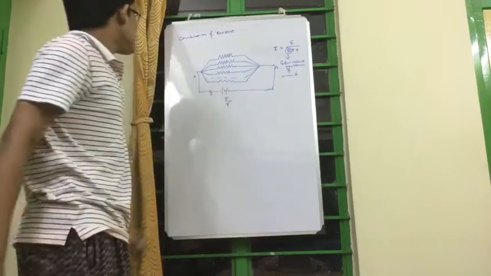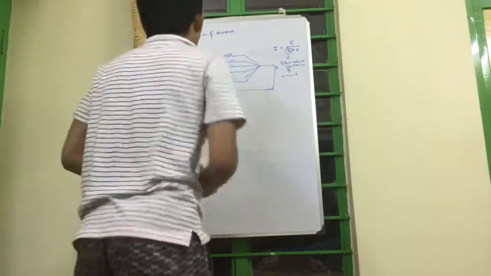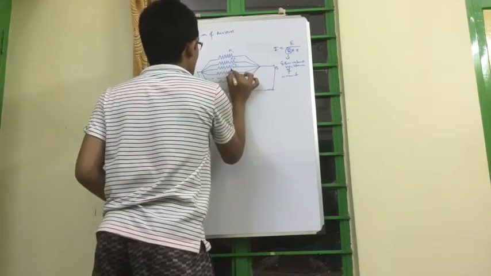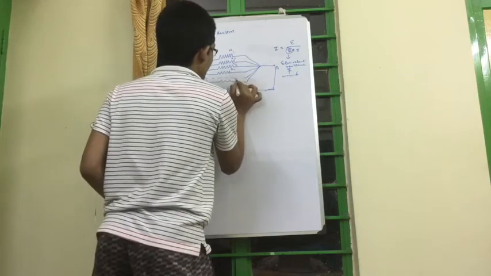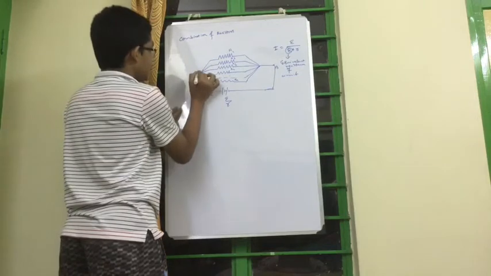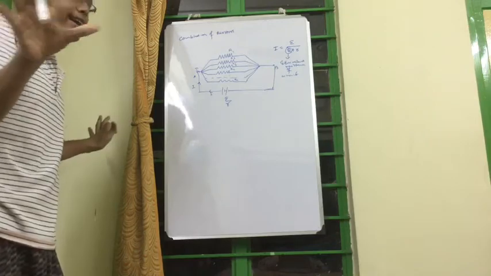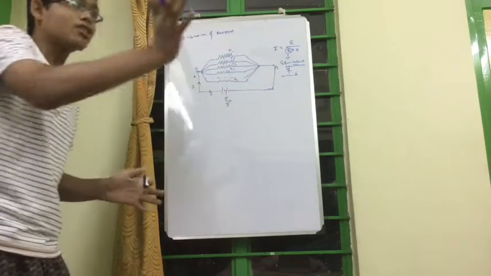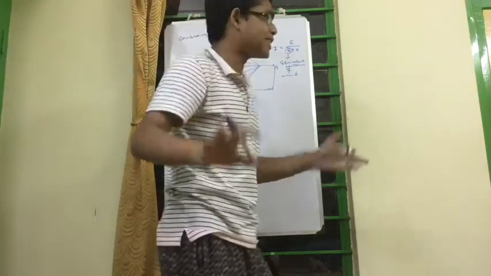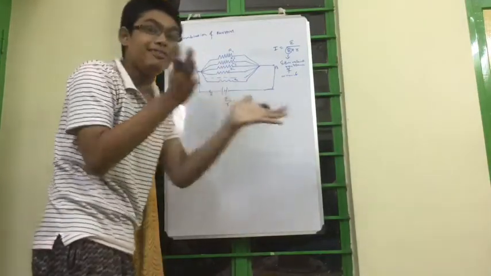Now, this is a purely parallel combination of resistances R1, R2, R3, R4, up to Rn. So the current is coming. Imagine yourself to be a current and you have several forks in the road. You will go through each of those roads, and therefore the current also divides.